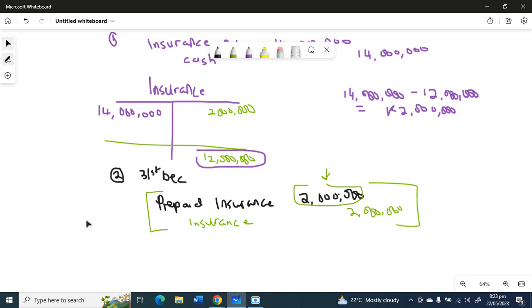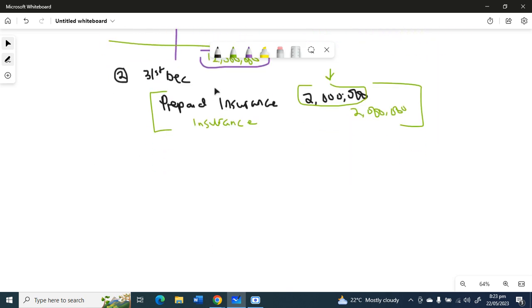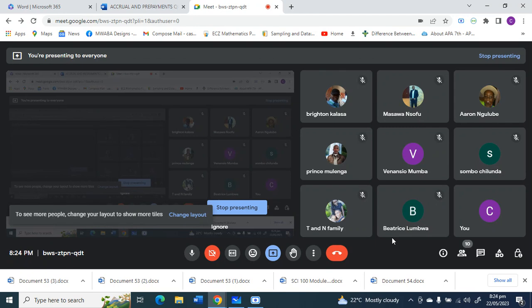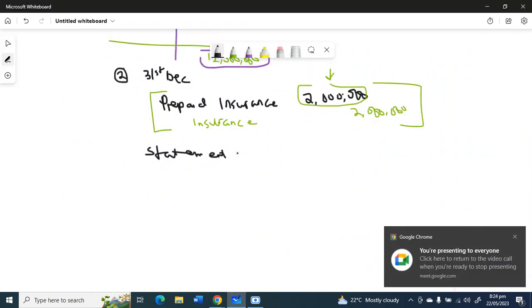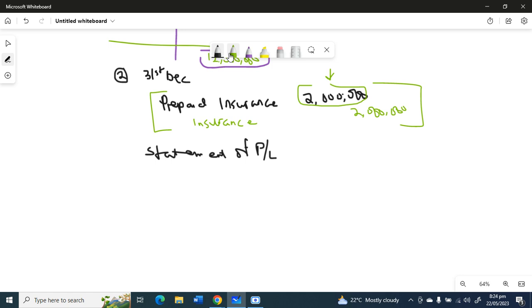In the statement of profit or loss, you're going to have insurance expense, and then you say less prepayment.